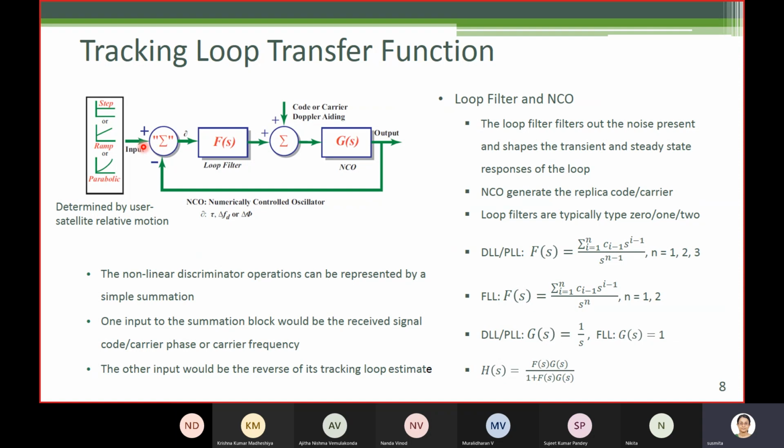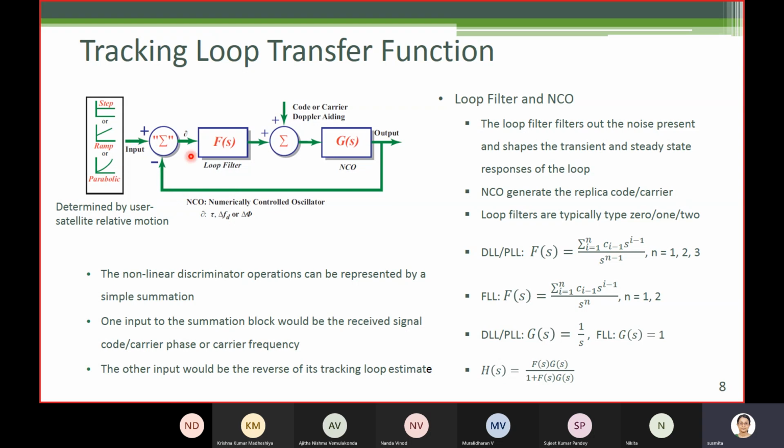So it has two inputs. One is the incoming signal parameter. If you are interested in code phase tracking, it is the incoming code phase. And the other one is the reverse of what the receiver calculates.